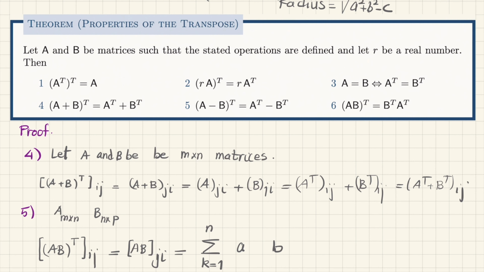It's j, yes. a starts with the first index that you see here, and b ends with this index that you see here. But what are the other indices for a and b? What's the role of k? Yes, it should be k. So it becomes a_jk and b_ki.